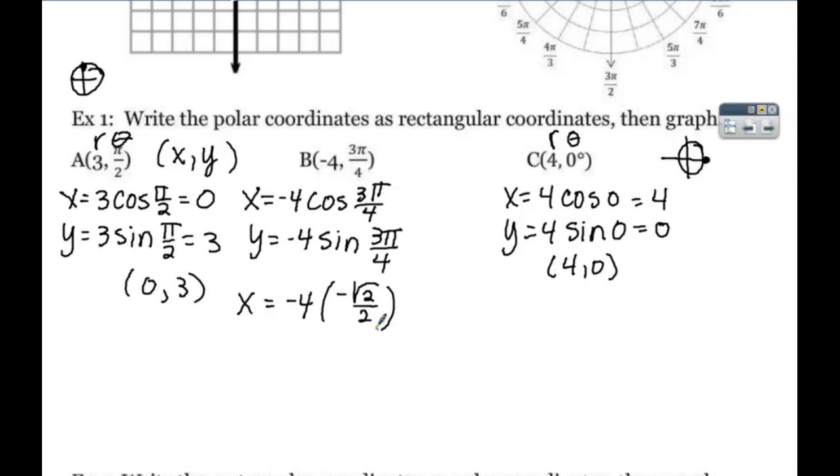So first of all, it's a negative times a negative, positive. And so 4 divided by 2 is 2. So here I get 2 square roots of 2. And then here, except this one's positive, so this ends up being a negative square root of 2 over 2.